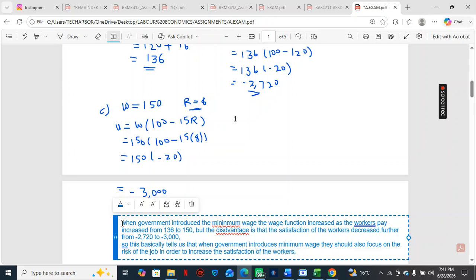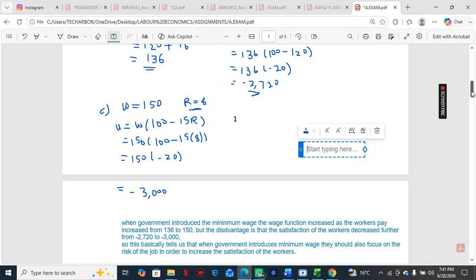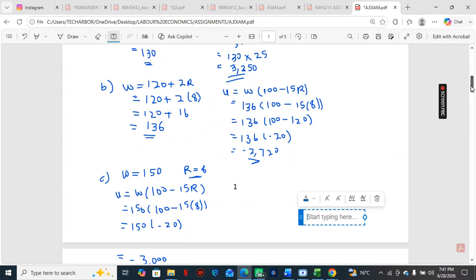Okay, they shouldn't just focus on the money amount of the minimum wage. No, they should also focus on reducing the risks of the jobs, so that worker satisfaction can be made better. All right.